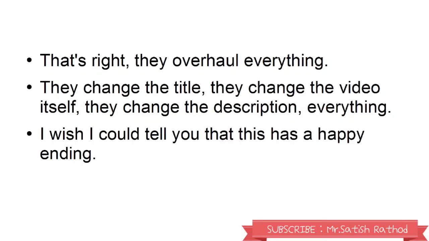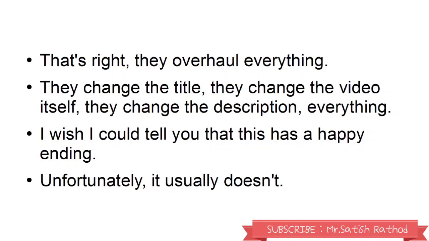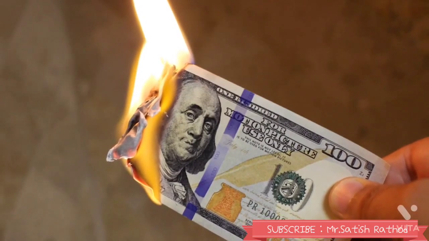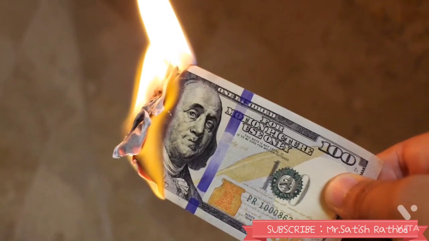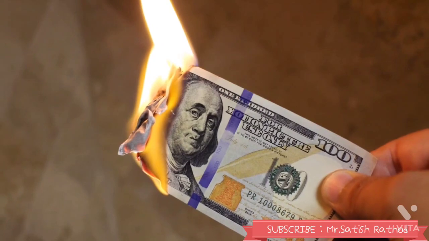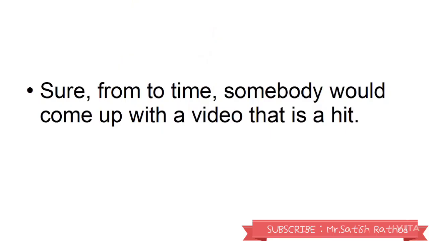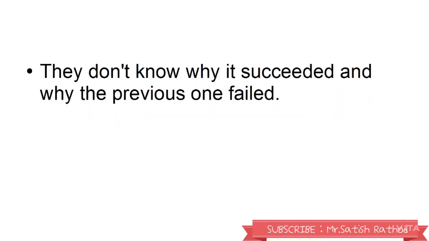I wish I could tell you that this has a happy ending. Unfortunately, it usually doesn't. Most of the time, these marketers spend a whole lot of money only to end up with nothing. Why? They burn down the house. They burn down the whole video. They replace it with another video. Sure, from time to time, somebody would come up with a video that was a hit. But here's the problem. They don't know why it succeeded and why the previous one failed.